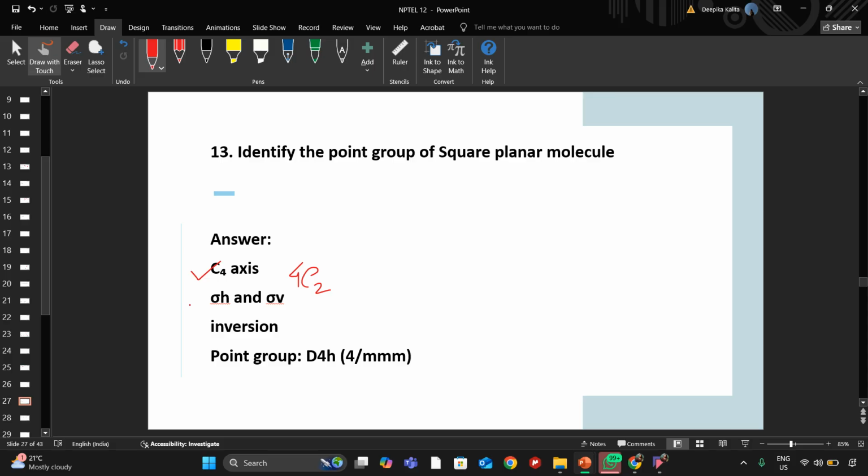Also, it has a horizontal mirror plane and vertical mirror planes, sigma h and sigma v, and it also has inversion symmetry. Thus, the point group given to the square planar molecule is D4h.